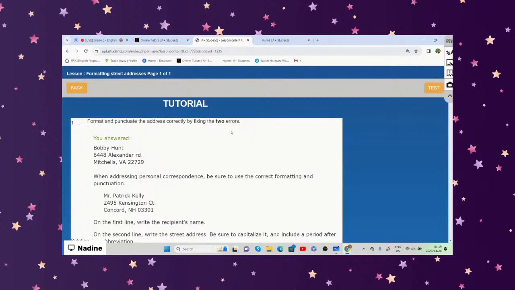So we need to format and punctuate the address correctly by fixing the two errors within the given address.